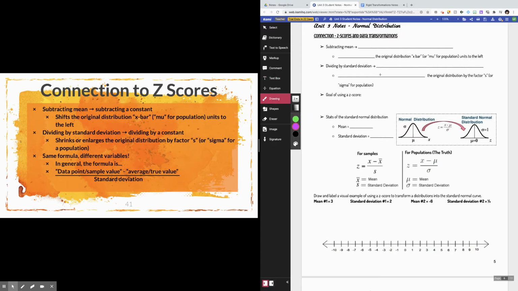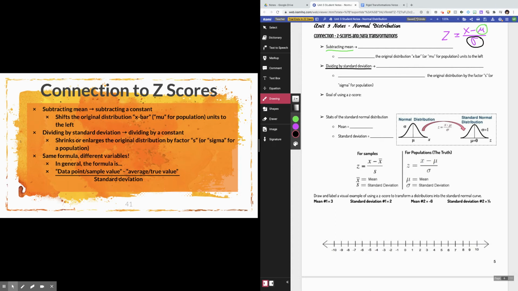So in the actual z-score formula, which, if you remember, is z equals x minus the mean divided by the standard deviation, what you have going on right here is you're subtracting a constant, right? Because the average is going to stay the same for every data point in the distribution. And you are dividing by a constant in the standard deviation.